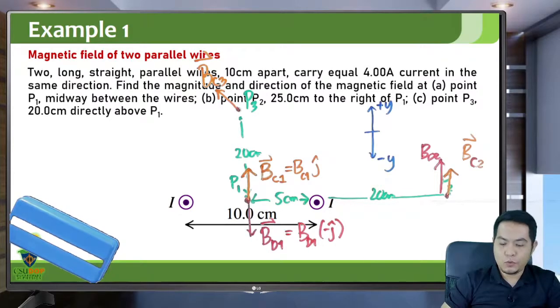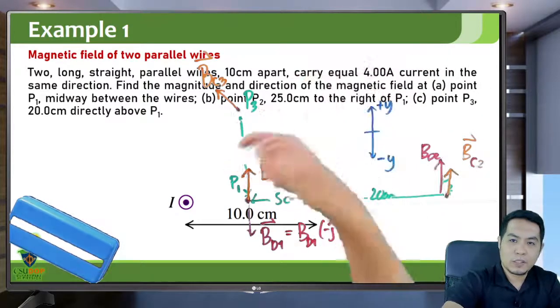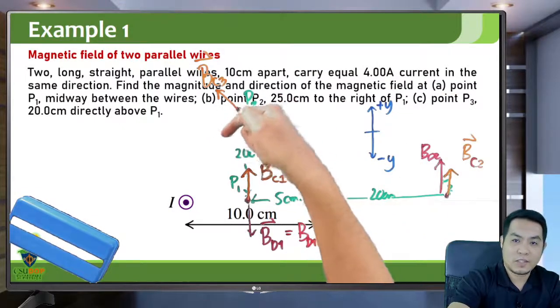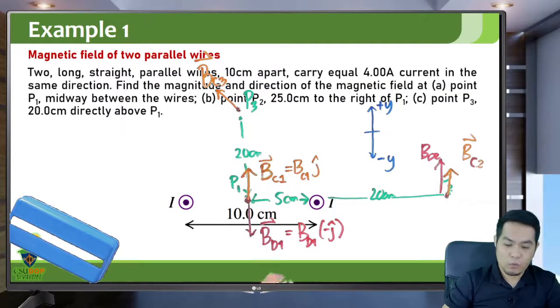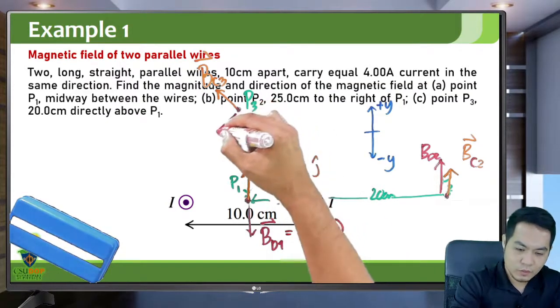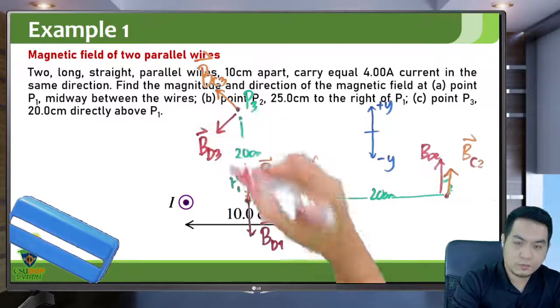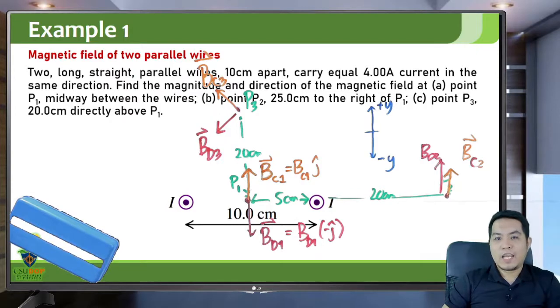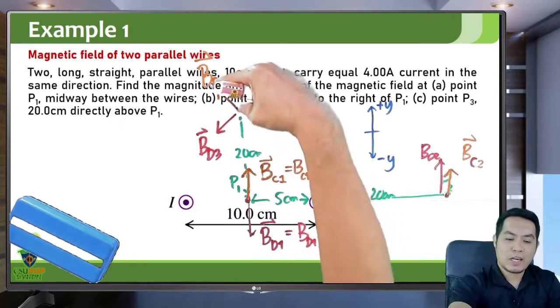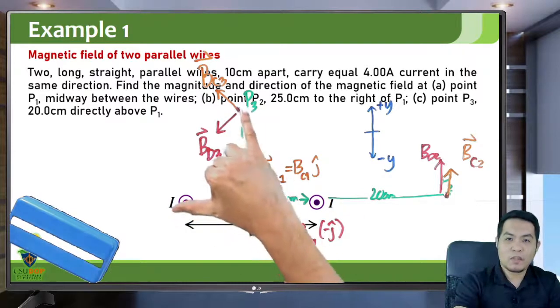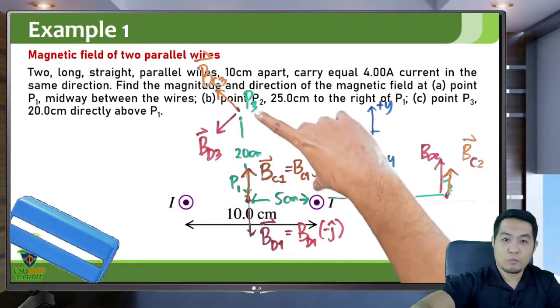And due to wire D, still counterclockwise, so at this point the line tangent to the circle will be pointing southwest, BD3. In this case, it is safe to assume that they will have the same magnitude because they are both equidistant to point 3.